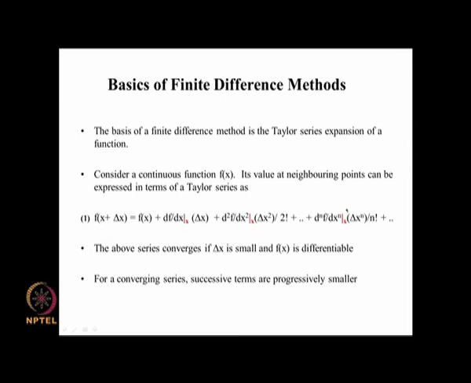So if it is a converging series, the second derivative term is likely to be larger in magnitude than the third derivative term. That means we are neglecting a larger amount of error with one sided differencing involving first order accurate schemes, whereas in the case of central differencing, it is the third derivative.